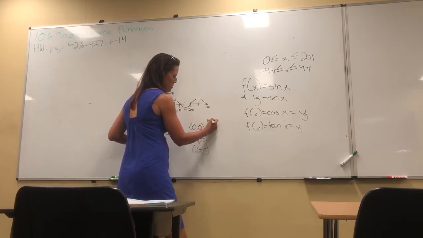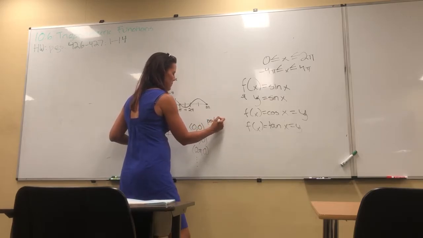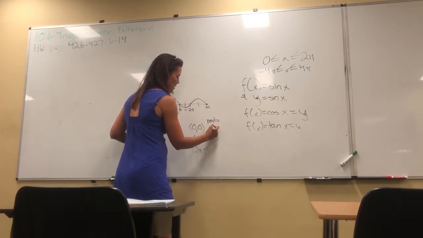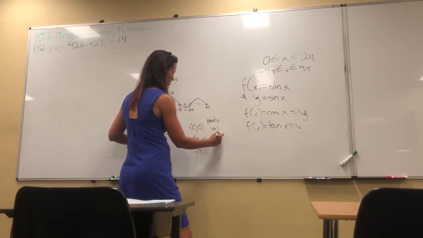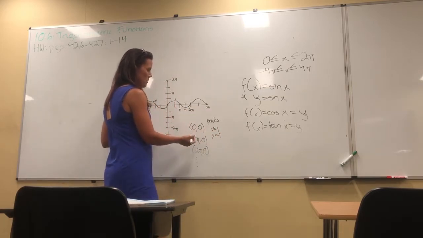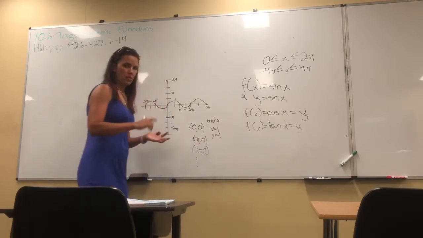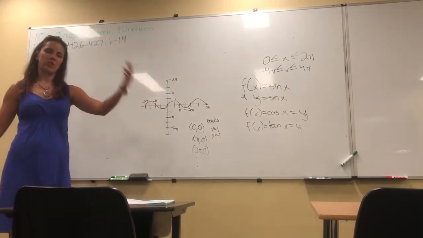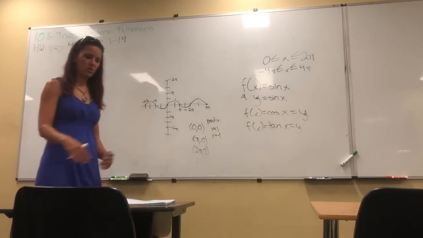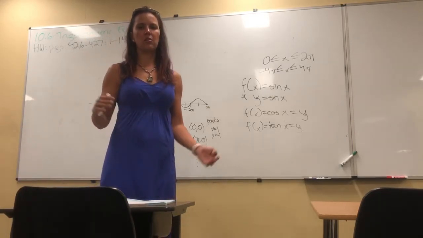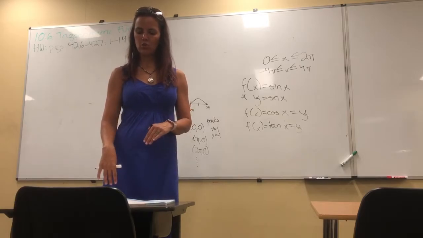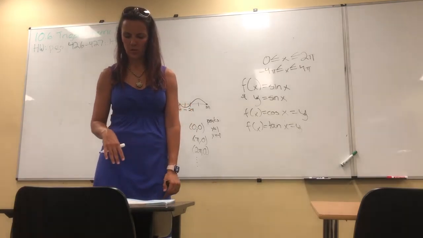Let's call them peaks, which is a simpler name, at y equals 1 and y equals -1, okay? The values for x are going to be pi over 2, 3 pi over 2, 5 pi over 2, -pi over 2. So it just follows a pattern. And again, I'm not going to graph them on there because I'm not going to have an accurate graph, but you can see how that looks for example 1 and example 2.